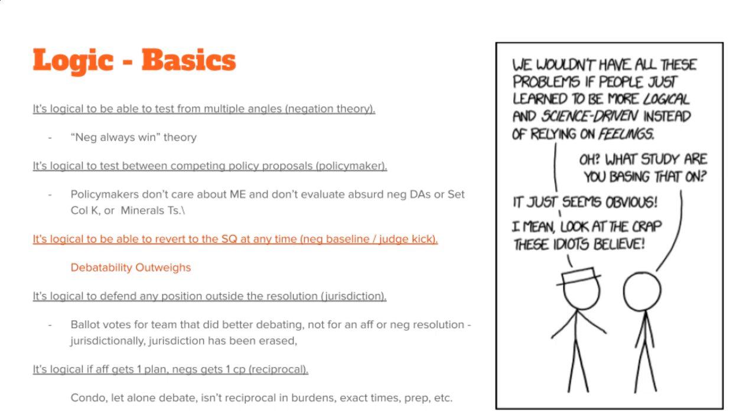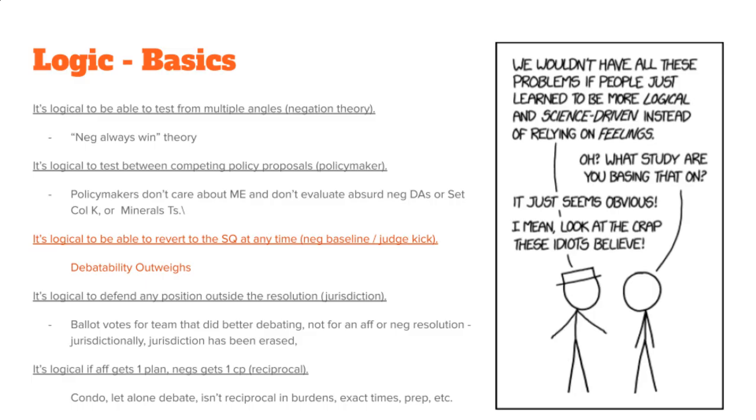They don't evaluate absurd neg disads or the set call K or the minerals topicality. And so realistically, debate isn't about policymaking, it's about establishing a fair adjudicative standard to promote good pedagogical education and research practices and knowledge about the world in a fair and equitable manner. And so this is one where you just have to control the response to that.